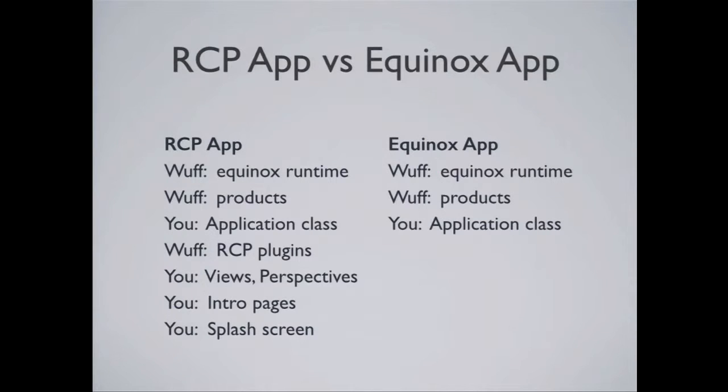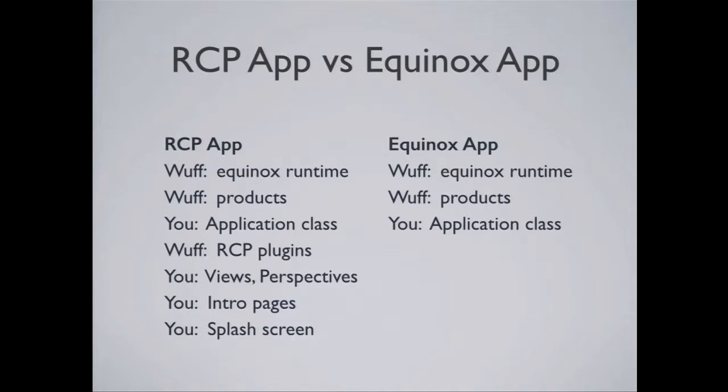Then here, very briefly, we will compare how RCP applications look against Equinox applications. How much work Wuff does for you, how much work is on your side in both cases. As we see, both for Equinox applications and for RCP, Wuff provides us with the Equinox runtime.